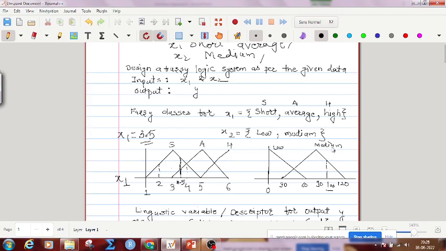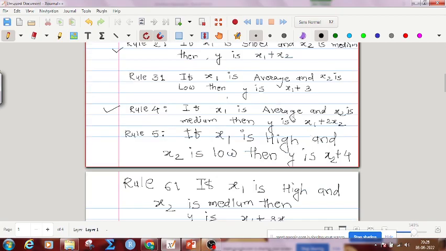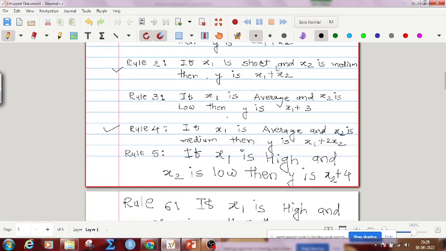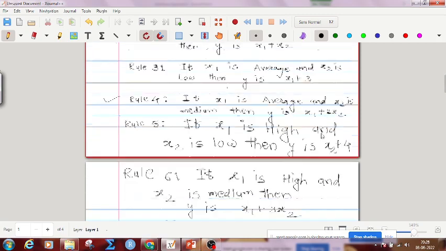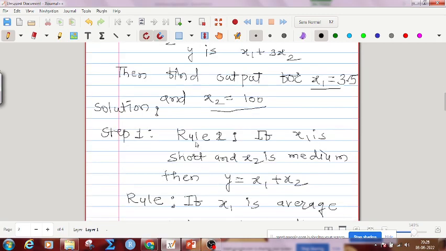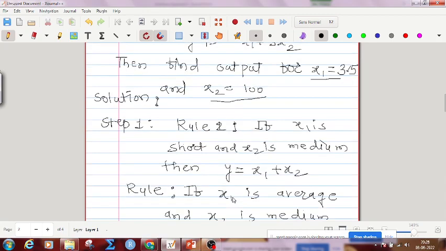Out of 6 rules, only 2 combinations are possible: short with medium and average with medium. So I am going to consider these 2 rules for my further evaluation. That is the first step.